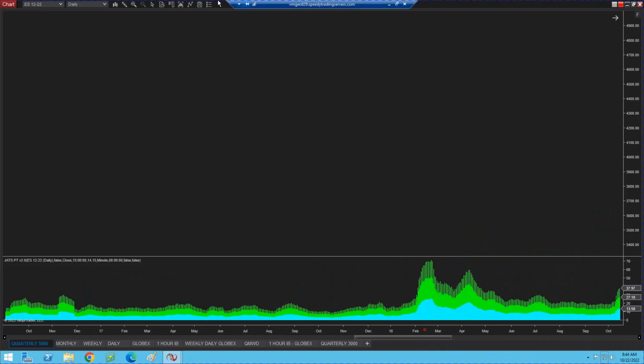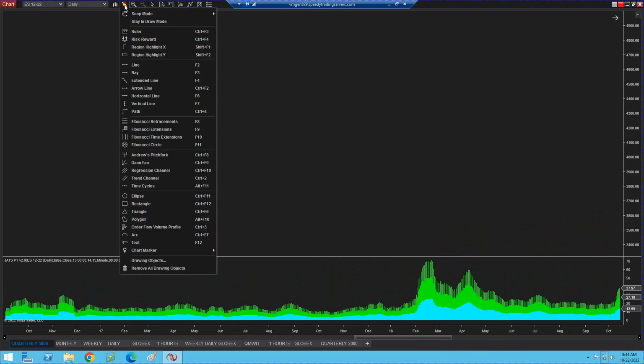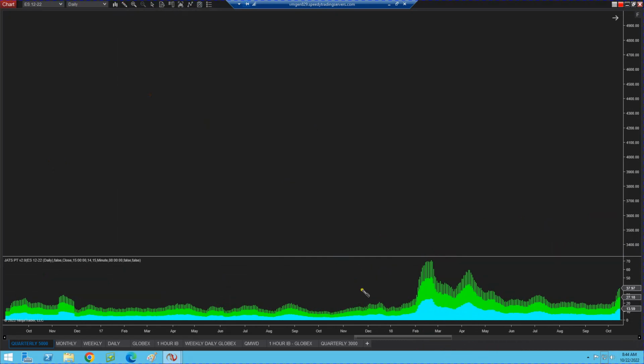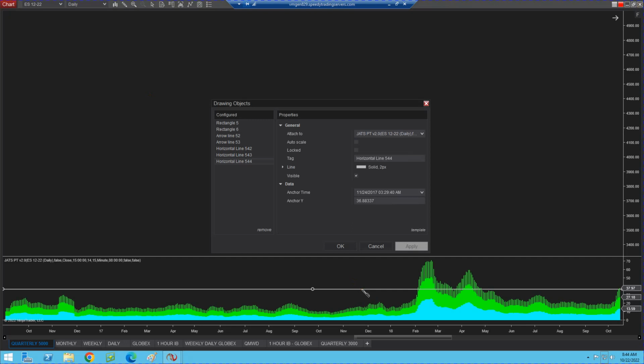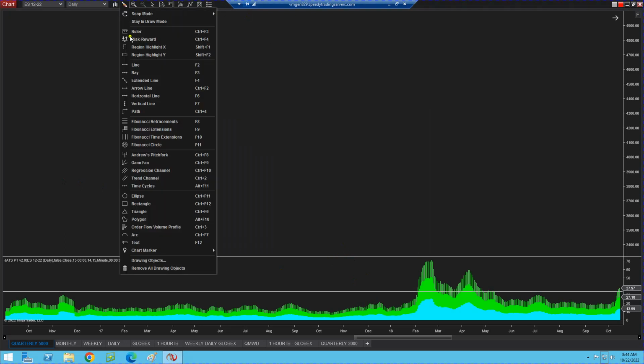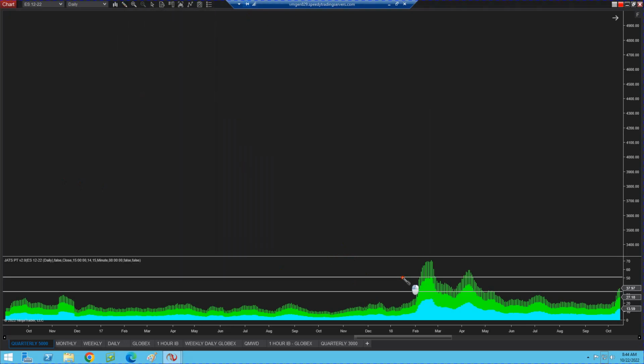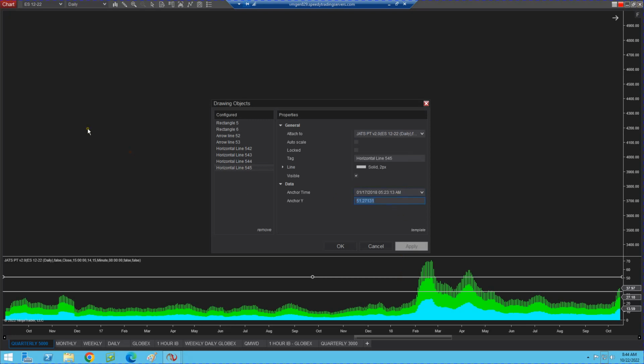You can also do further statistical analysis inside the range if you want to see where half of it is, or just go ahead and put your 34, 68 and just take a look at it that way.